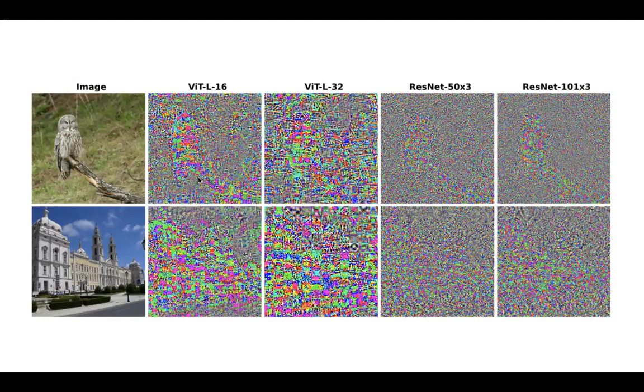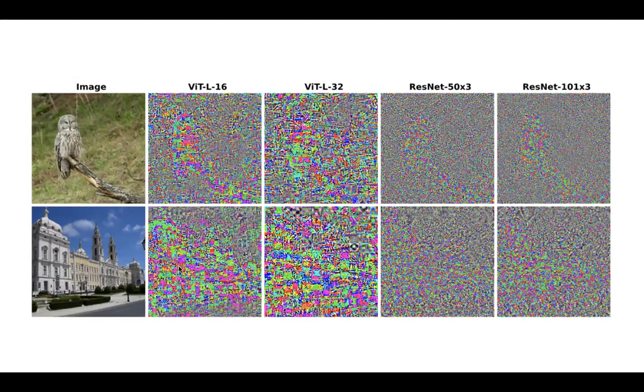The perturbations are more in the foreground of the image, and we can see a boxy type of pattern when it comes to the vision transformers, because as we know, we break the image into patches before feeding them onto the vision transformer.